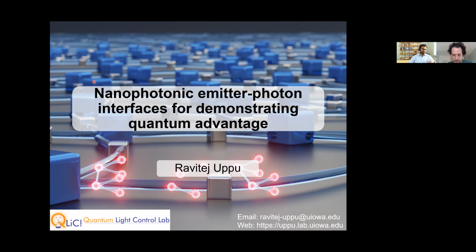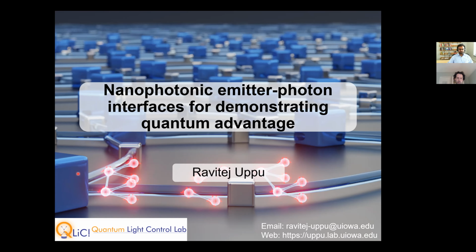For instance, what you see in the backdrop here is a cartoon rendition of how we would imagine a network for quantum communication would look like. Each of these blue boxes would be nodes, and then we would transmit some quantum states, preferably in photons because they are good in propagating over long distances.